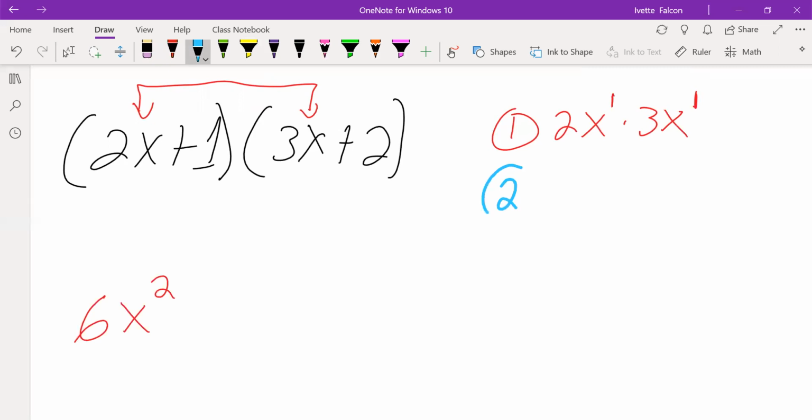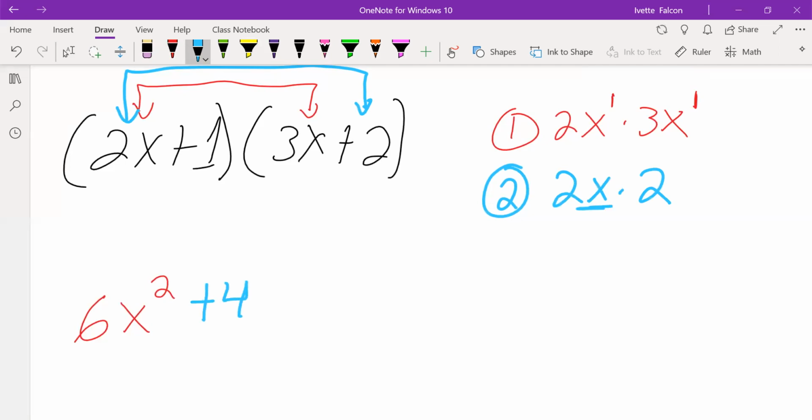Then we move on to our second multiplication, which is going to be the outer ones. So the first one by the last one, so 2x times 2. 2 times 2 is a positive 4. And then we have the letter x. Your third step is to multiply the ones that are closer to each other, the inner ones.